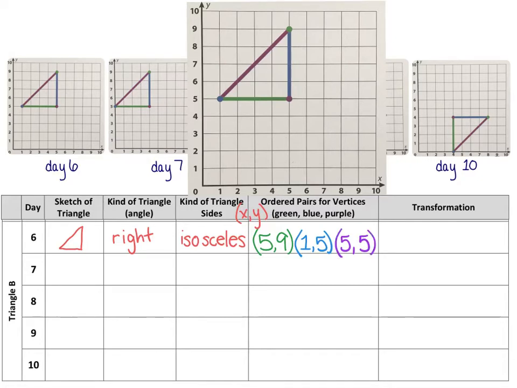And put your parentheses around it. There we have our 3 ordered pairs that make up the triangle. All right, because we don't have a triangle from yesterday to compare this to, in our transformation column, we're just going to put an X because our triangle hasn't transformed because it's the first day.